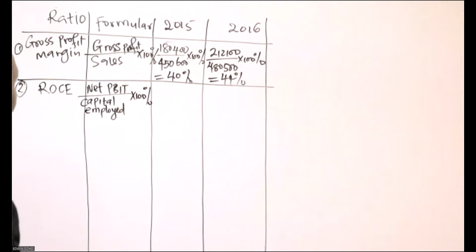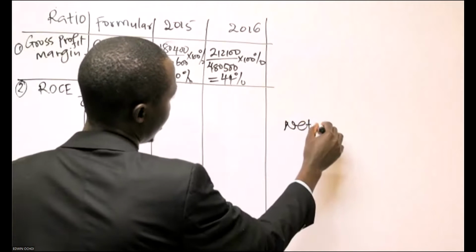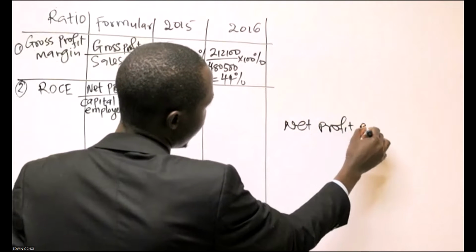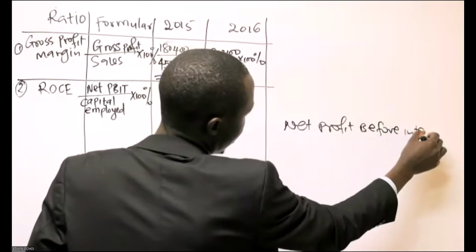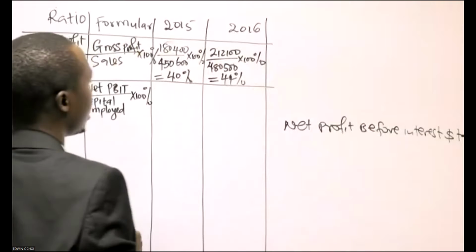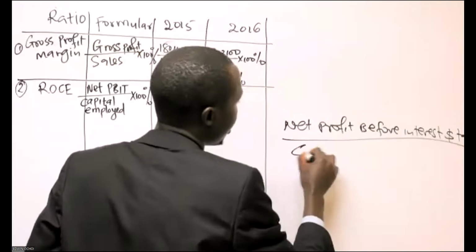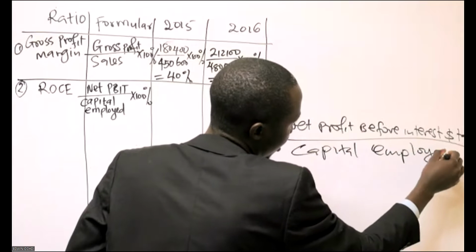Who can tell me how I am supposed to get the net profit? Give me the net profit before interest and tax. That's the need for the first year. Then you divide with the capital employed and obviously multiply with 100%.